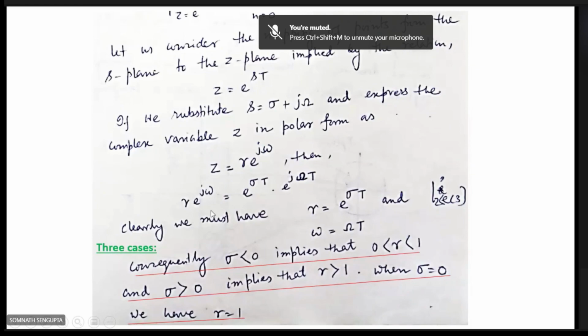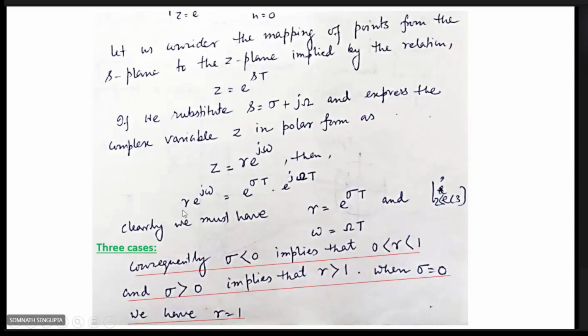The left hand side of the equations represents points in the Z plane, and the right hand side the points in the S plane.